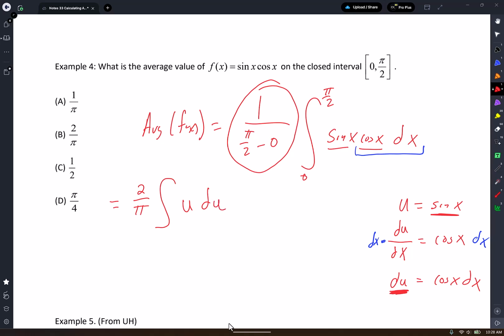And can I do the antiderivative of u? Yeah. Now my new lower limit, I know, this is in terms of x. I need a new lower limit. So I plug it in here. What is sine of 0? 0. So I put a 0 for the bottom. So that one doesn't look like it changes. What is sine of pi over 2? 1.